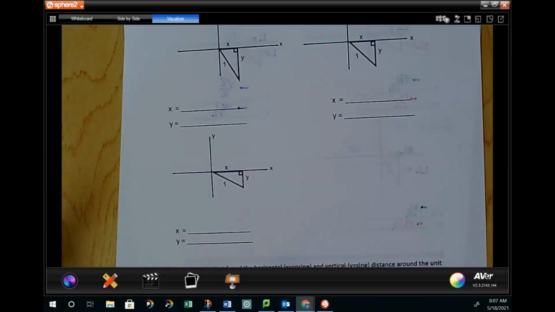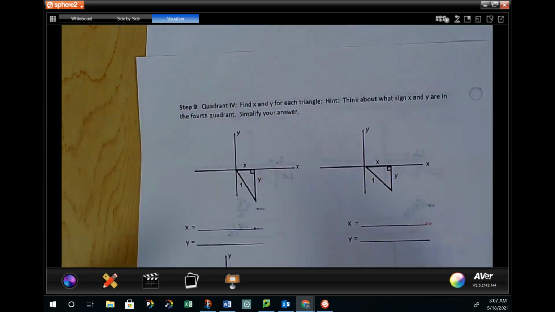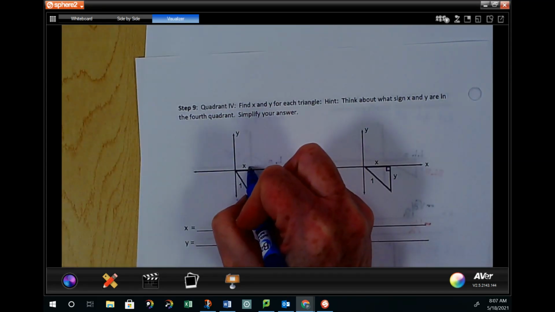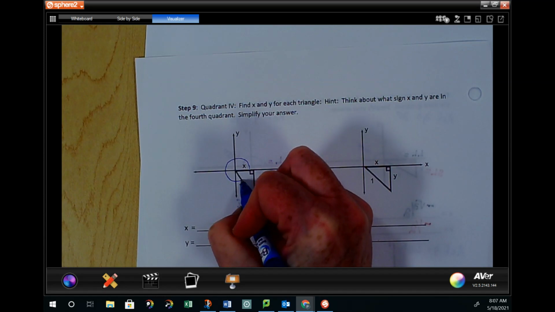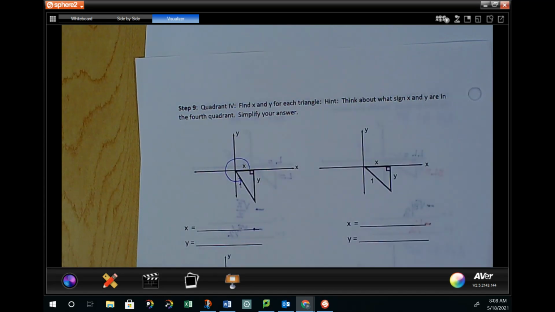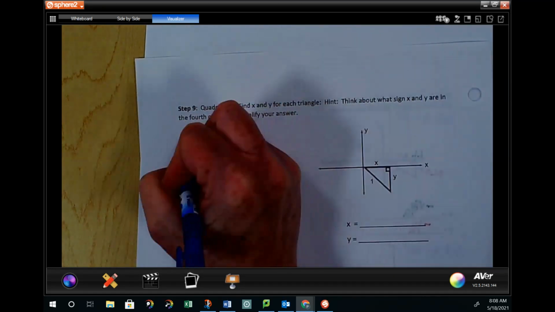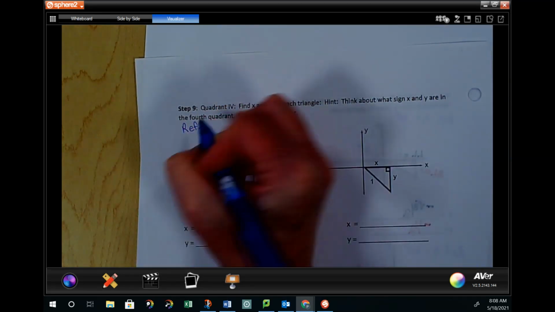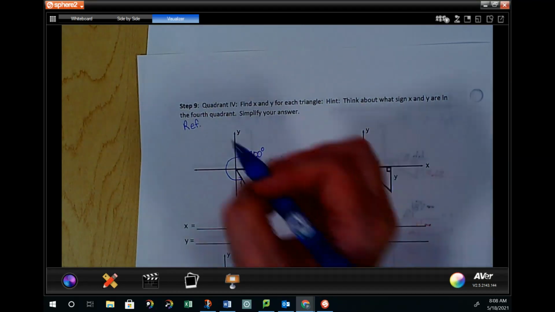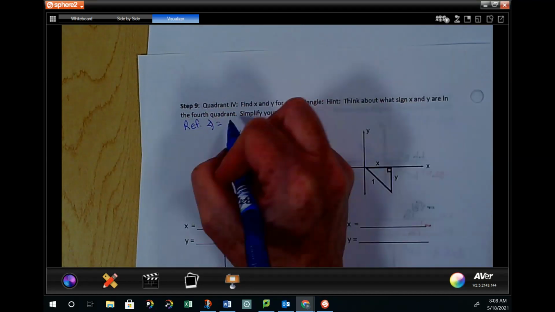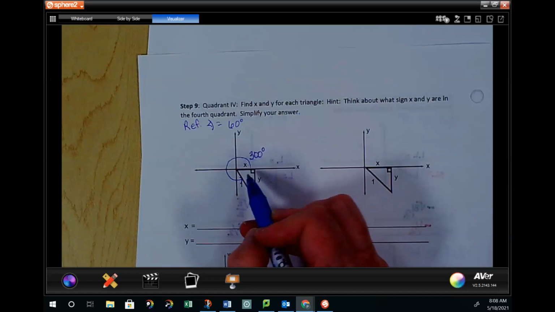Now this next thing, quadrant 4. So in quadrant 4, what happens is we start and we're going to go all the way here. So this is 300 degrees. My reference angle ends up being 60 degrees.